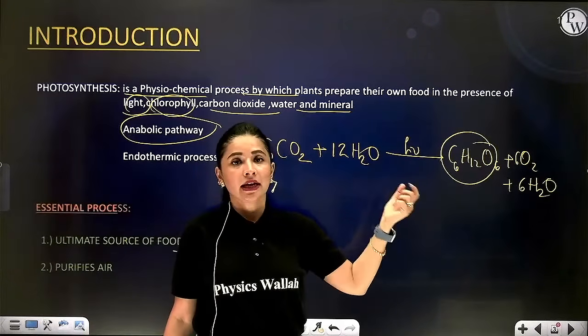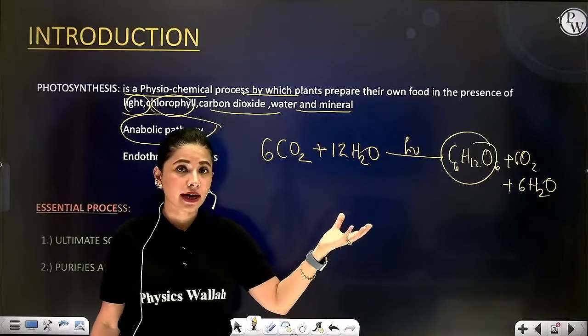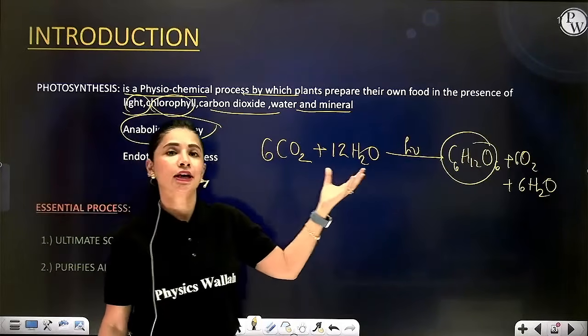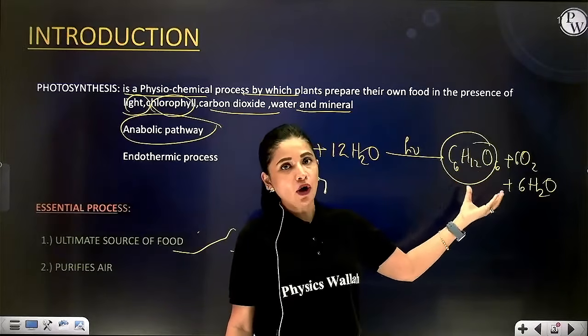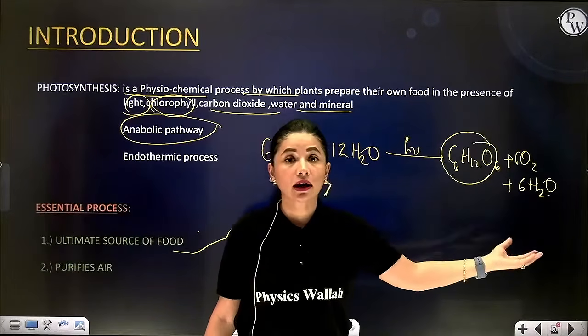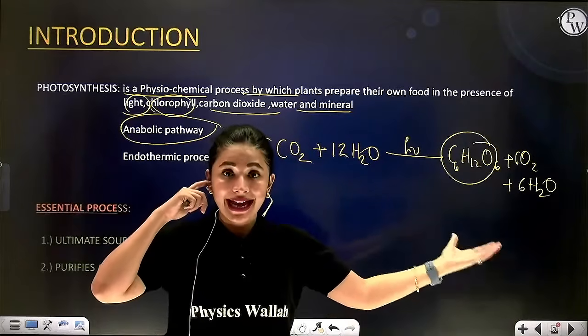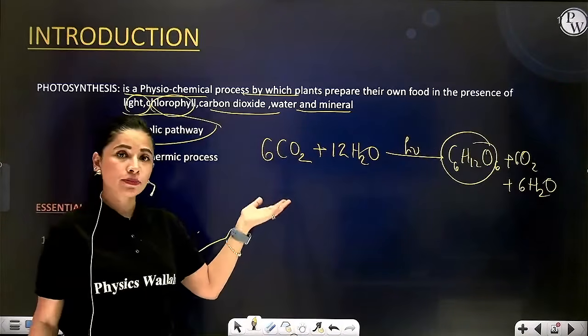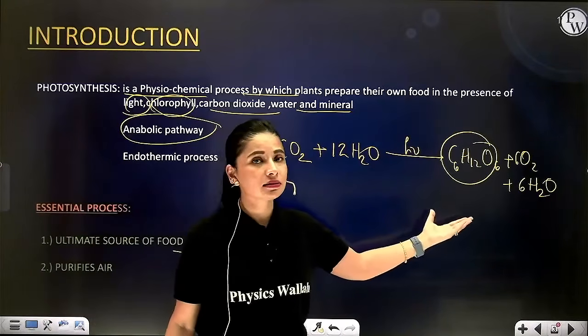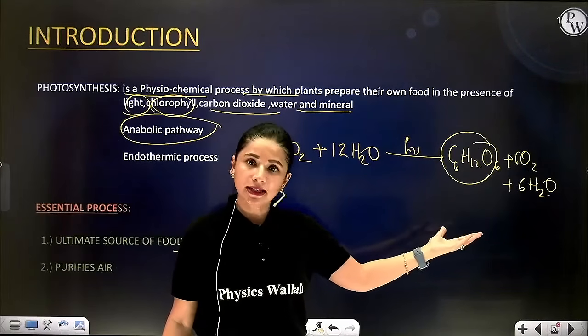Along with light, minerals are also required to produce the complex substance which is food. Along with this, oxygen and water are released as the byproduct. Hence, it is an anabolic pathway. As you can see, from simple substances, we are synthesizing a complex substance.